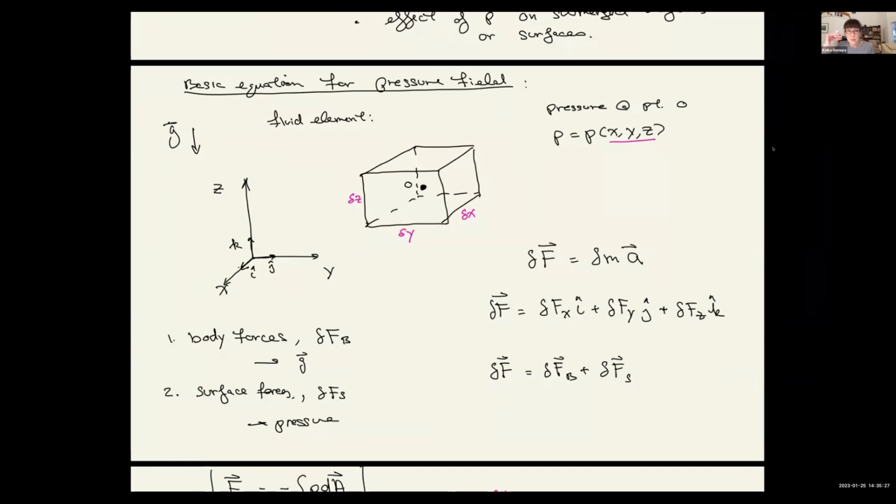Now, the simplifying assumption that we'll still maintain is no shear stresses. So in general, for surface forces, there's both pressure and shear, or normal and tangential forces acting on the surfaces of our fluid element. But in chapter 3, we're going to assume no shear stresses.